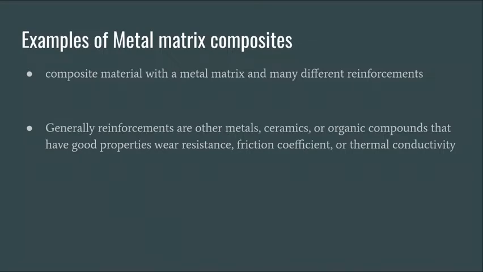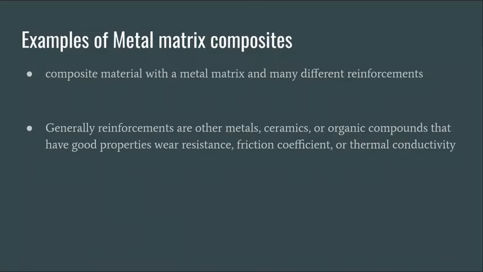So metal matrix composites always have to have a metal matrix, but they can have multiple different reinforcements that are paired with that metal. Generally reinforcements in this case are either going to be other metals, so it will be an alloy, or it can be a metal and ceramics, or metal and organic compounds like carbon.